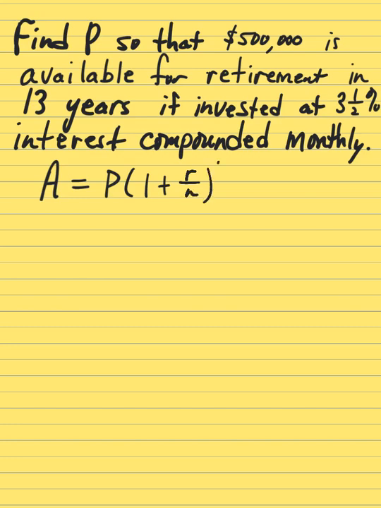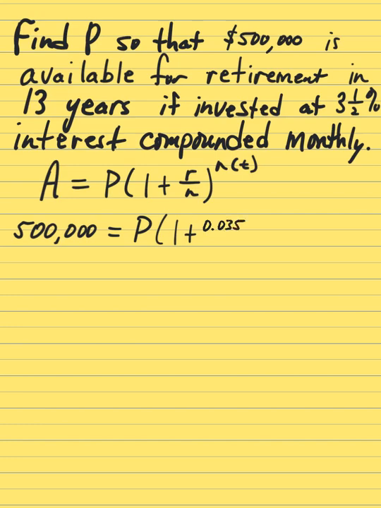R is the interest rate in decimal form, N is the number of compoundings per year, and T is the number of years the account is active. We are given $500,000 as the target ending amount. We're asked to find how much it takes in the beginning if the interest rate is 3.5%.